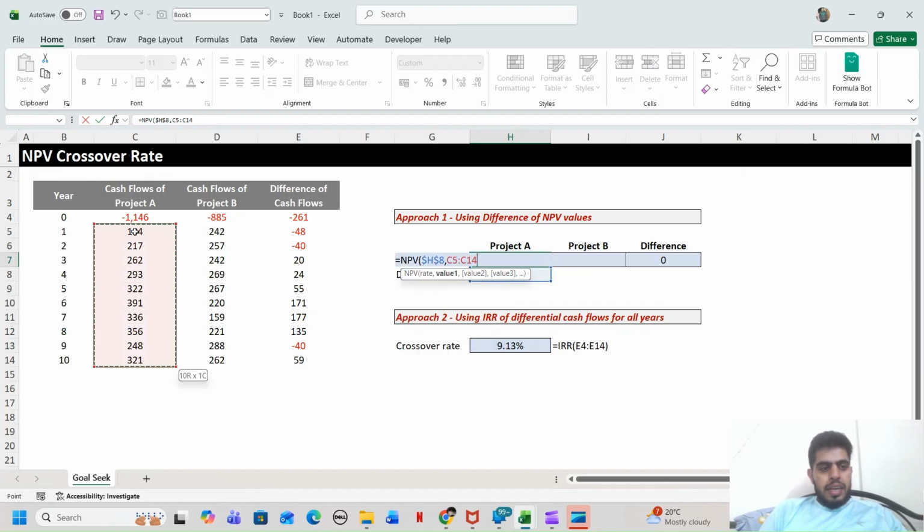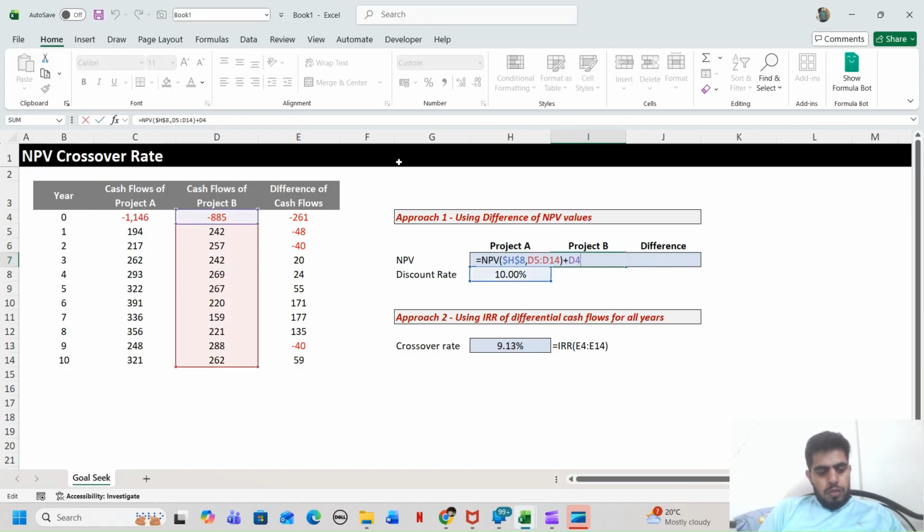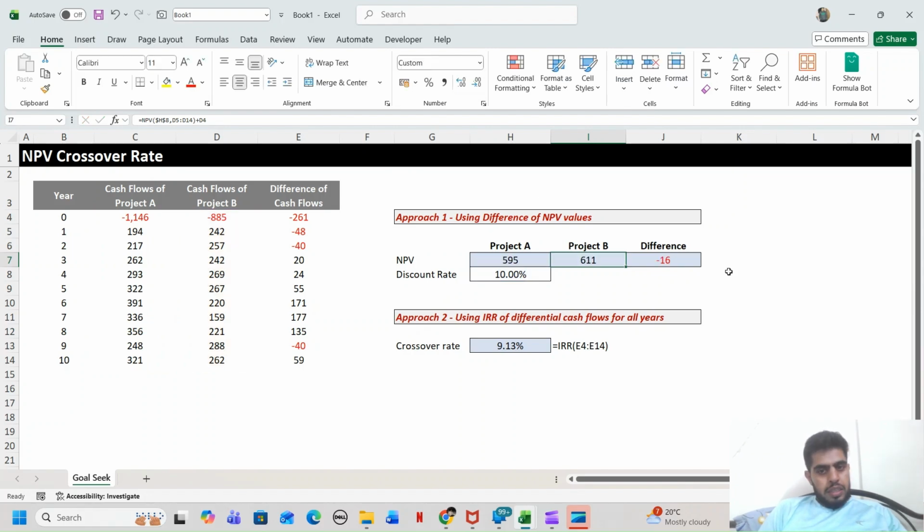And we will select the whole range of the cash flow that are being derived for project A and close the bracket. Plus, we need to subtract the outflow of the beginning of the year and press enter. We can freeze the cash flow, and the same way we can apply for project B as well.